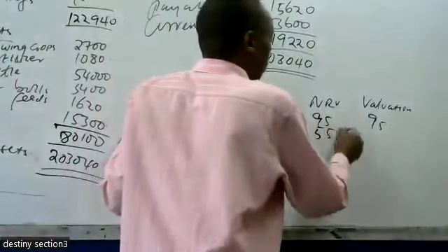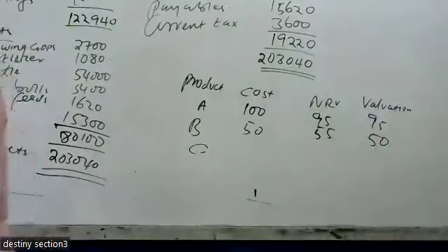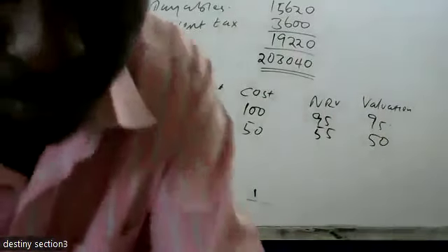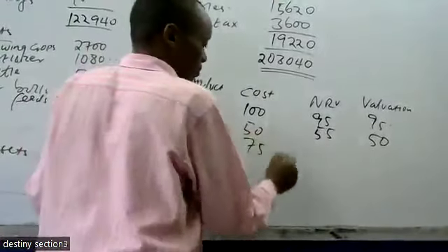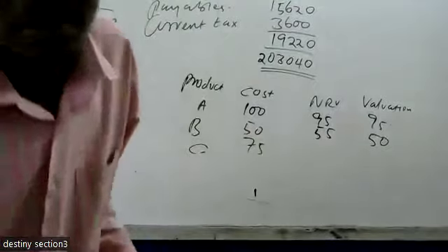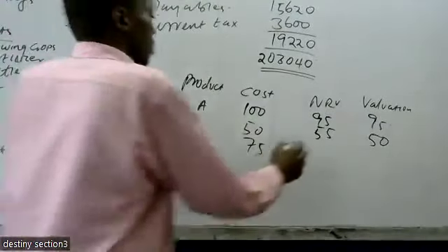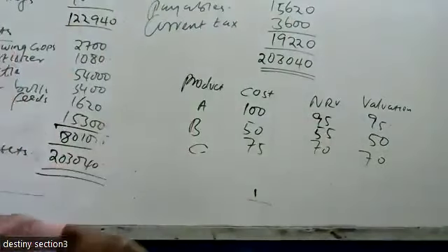So what should be the valuation? 50. C, 75. Net realizable value, 70. So valuation, 70. That is what was required for you to get the 3 marks.